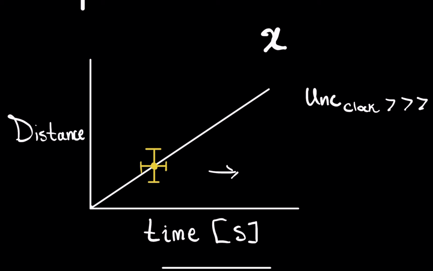So if we had some measurement taken up here, our uncertainty on our time would grow much larger than the uncertainty on the distance.